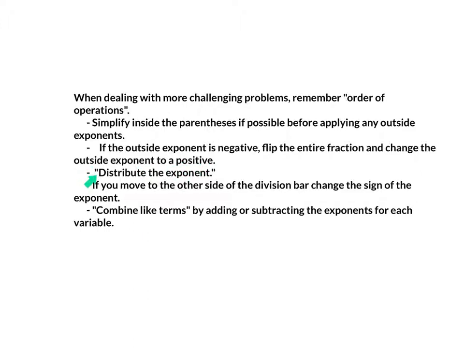In quotations, distribute the exponent. If you move to the other side of the division bar, change the sign of the exponent. And finally, combine like terms, in quotations, by adding or subtracting the exponents for each variable.